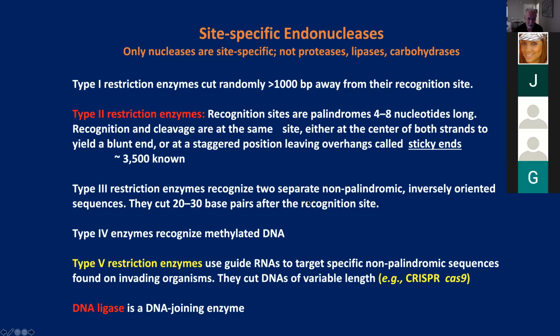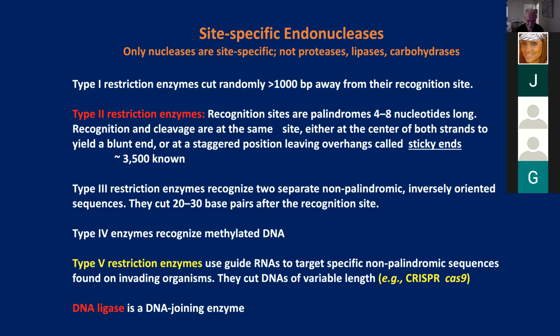Type 3 restriction enzymes are a lot like type 1, except the cut site is closer to the recognition site. As I said earlier, type 4 enzymes recognize methylated DNA. I want to emphasize type 5 restriction enzymes because they use a guide RNA, sound familiar? A guide RNA to target a specific non-palindromic sequence.